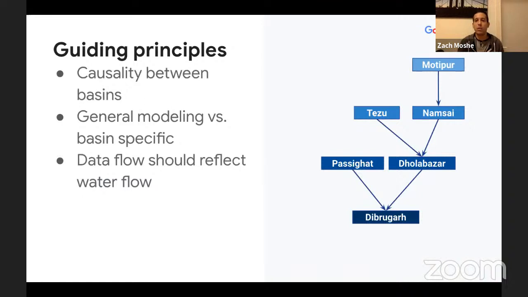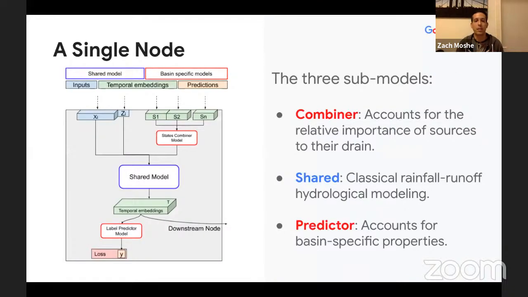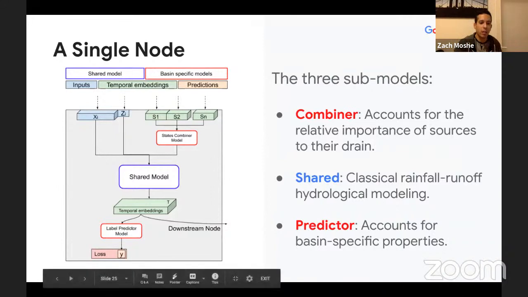I'm going to go into a single node in HydroNets, and then we'll see the whole graph, because it's much easier to explain a single node. A single node in HydroNets corresponds to a single basin. So for now, forget about the whole graph and let's just focus on a node. You can see it here.